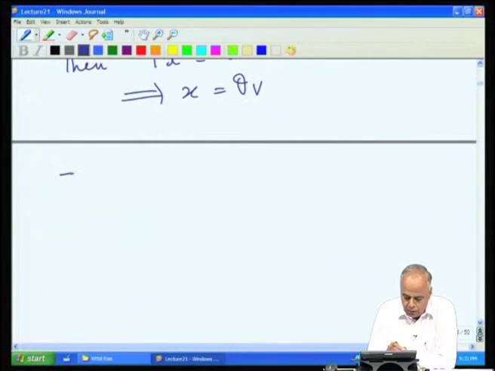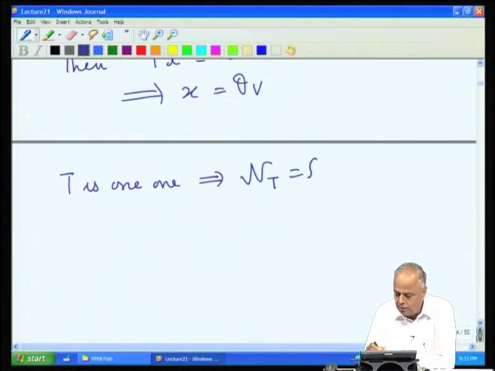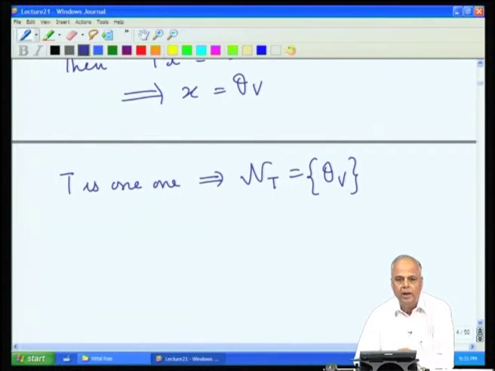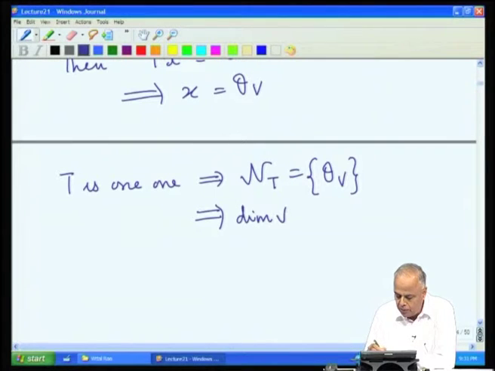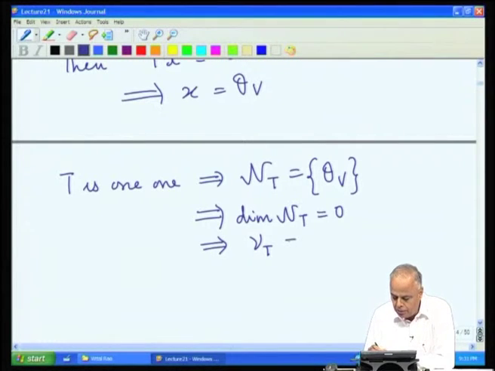This means that whenever T is 1-1, the null space of T must consist of only the 0 vector. This immediately tells us that the dimension of the null space of T must be 0, but the dimension of the null space of T is what we call the nullity of T, denoted by nu T, and hence nu T must be equal to 0.